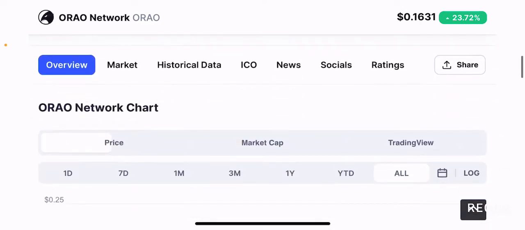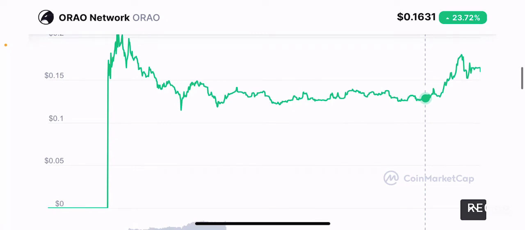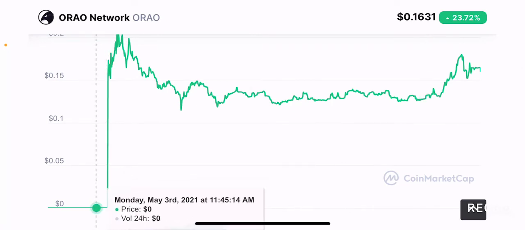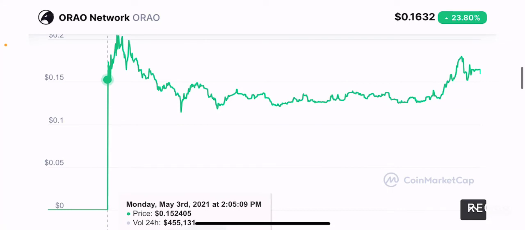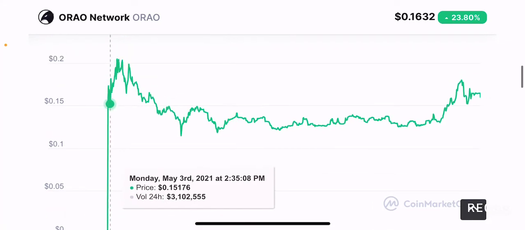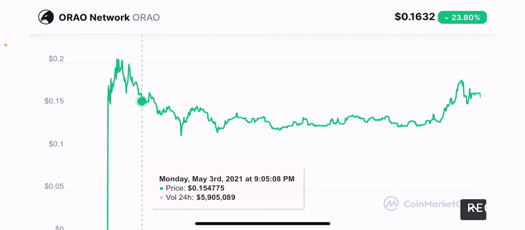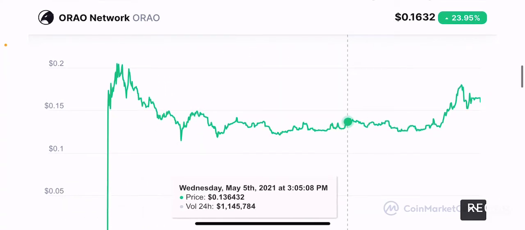So if you take the charts, for example, the token has had its market information available since the 3rd of March, where it pumped from literally nothing all the way to the 15 cents range, and it had its all-time highs at the time of about 19 cents or even 20 cents per token, and then it was falling down slowly and moving sideways for quite some time.